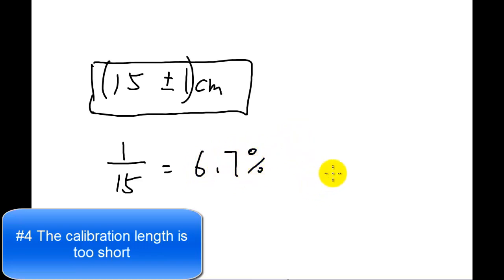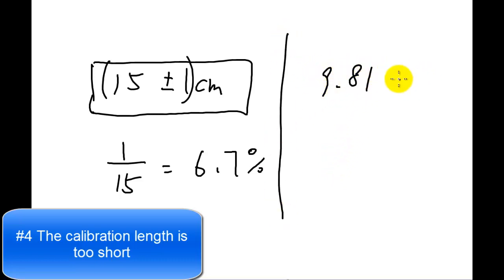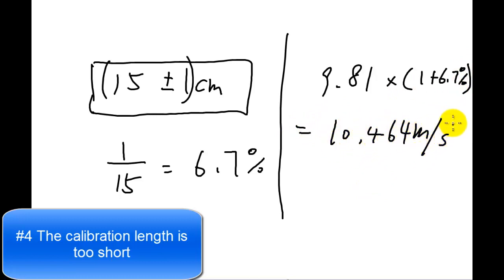If we simply think that this is the exact error you have for acceleration as well, then for a literature value 9.81, you may have 1 plus 6.7%, and that should give you 10.464 meter per second square. So of course this is bigger than what we expected, but it doesn't seem to be enough to explain why it was 12 point something in her calculation.